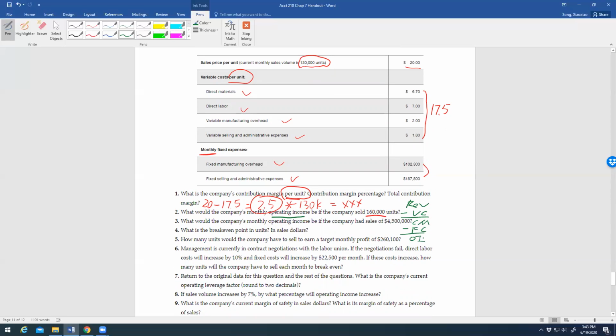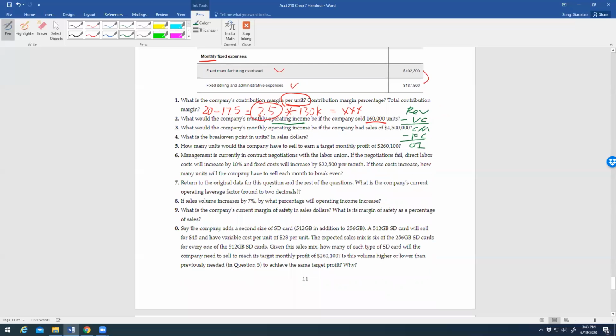So for revenue, the selling price is $20 each, and you are selling 160,000 units. Variable cost each one is 17.5, and you also sell 160,000 units. We already discussed that the contribution margin for each one is 2.5.